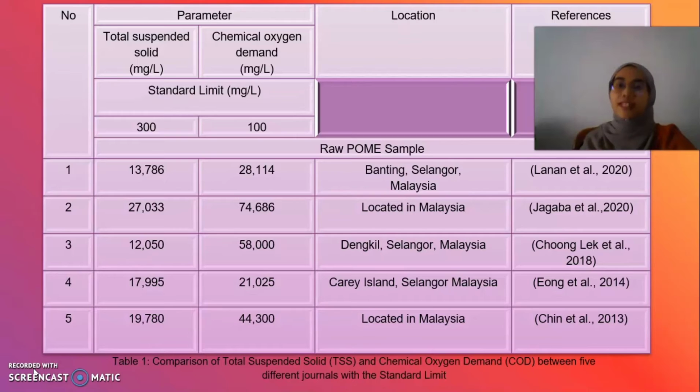These factors can affect the quality and quantity of POME production, as well as its characteristics and parameters that we mentioned before, which are total suspended solids and chemical oxygen demand.